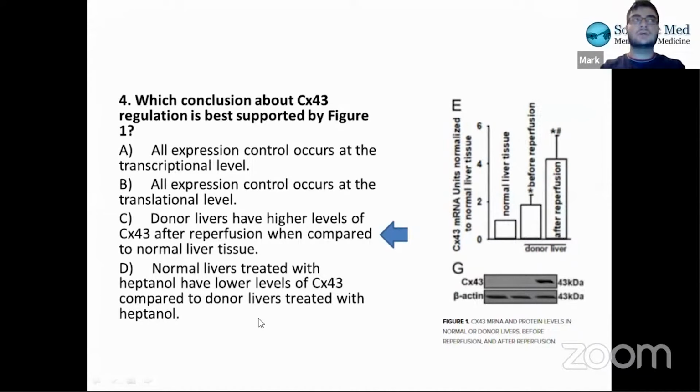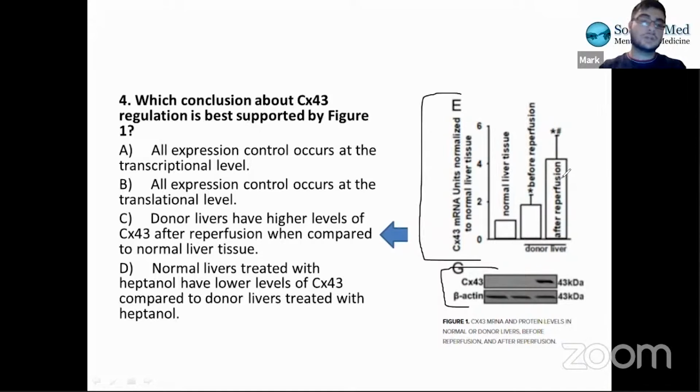The way we can actually look at this from this graph is we can see that the graph is measuring the mRNA levels, and this is measuring the protein levels, these black bars, okay? So if it was just transcriptional control, there'd be a big difference from here to here, right?